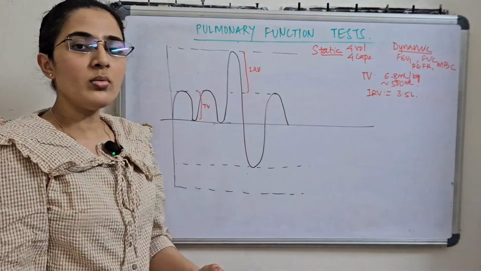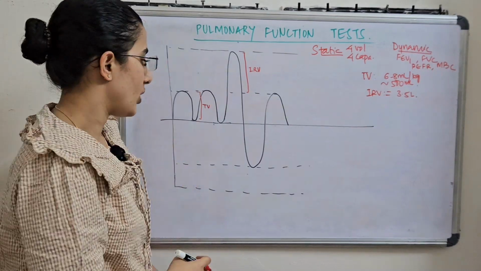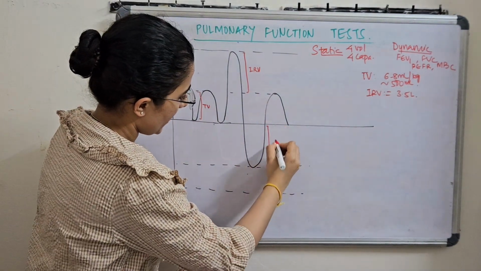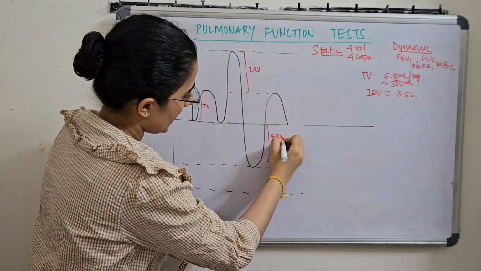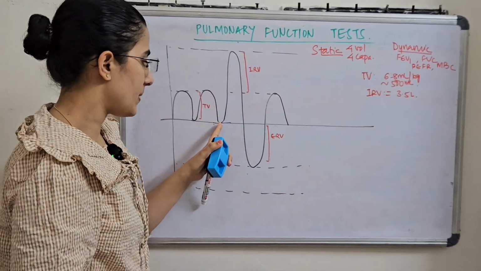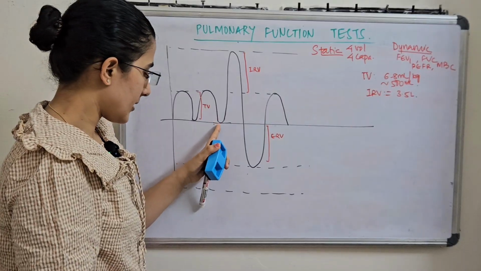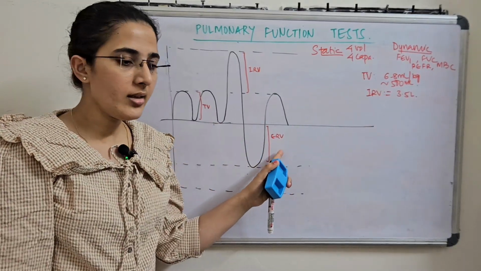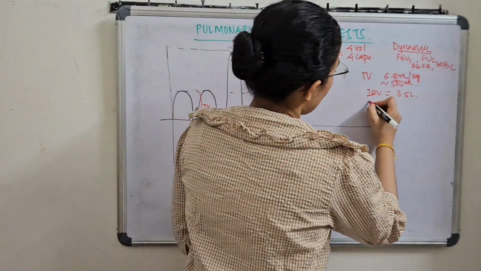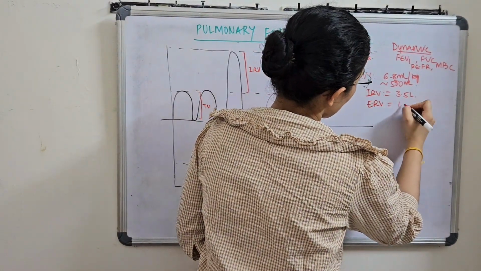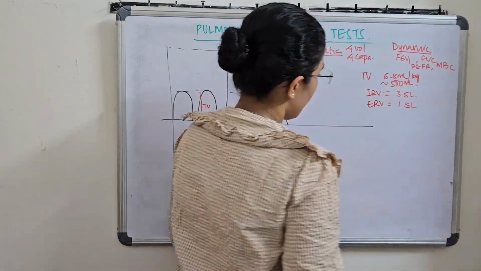Next we will come to expiratory reserve volume. Expiratory reserve volume is the amount of air which can be expired in excess of a normal tidal expiration. Whatever extra amount of gas that can be expired is called expiratory reserve volume, which is usually about 1.5 liters.